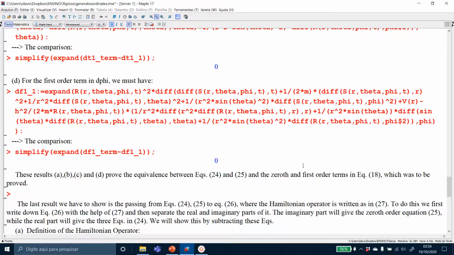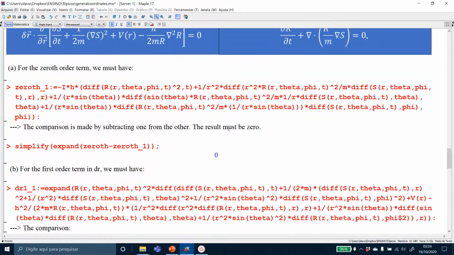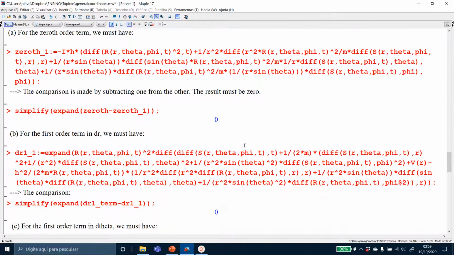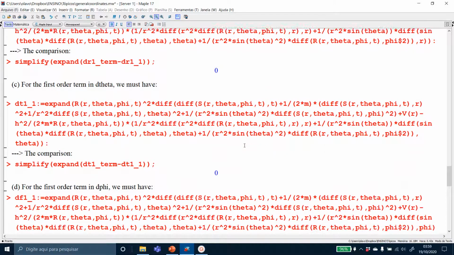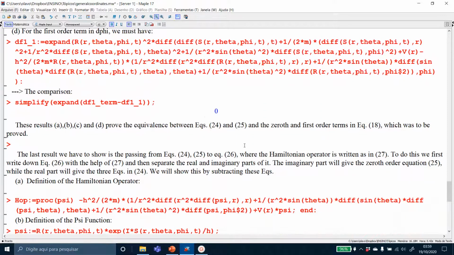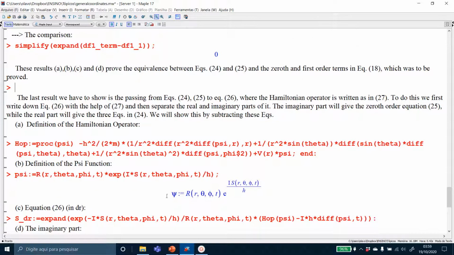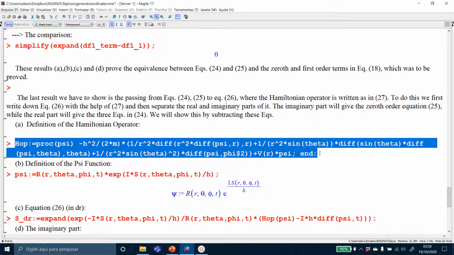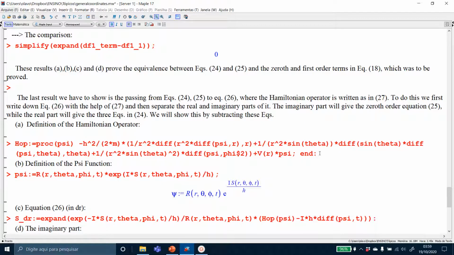And now we have these two equations, and we must show that these two equations come naturally from the Schrödinger equation when we substitute in it this expression for the psi. So we write the Hamiltonian operator written in spherical coordinates.